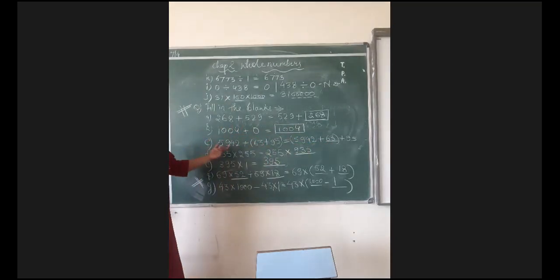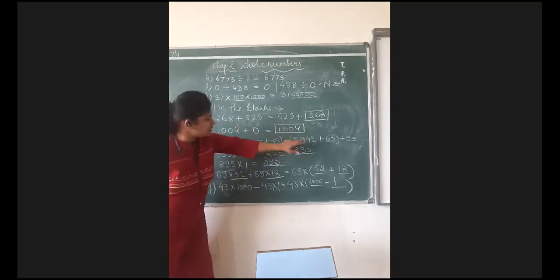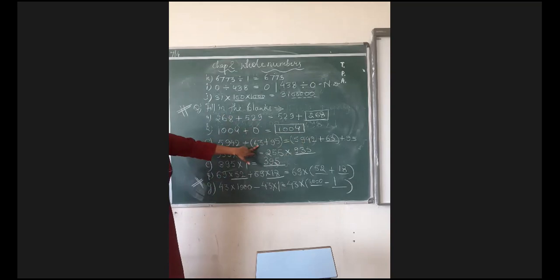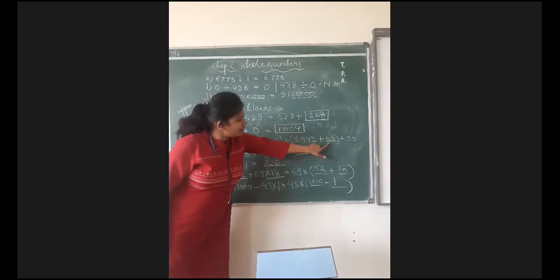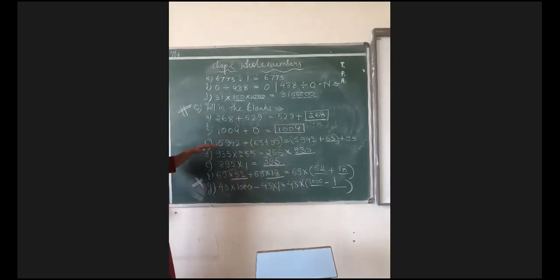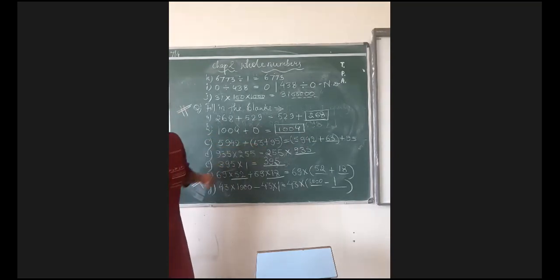This is 5,942, which was already present over here. 63 was here, but it was missing over here. So the answer will be 63, because this is showing the associative property. What is the associative property, beta? It is just adding them in groups. So here you can see the group is being added now.